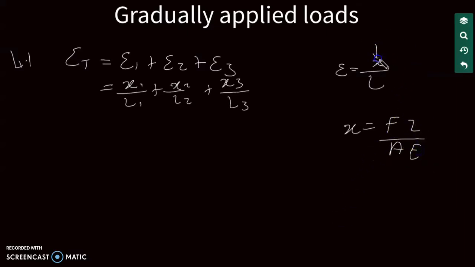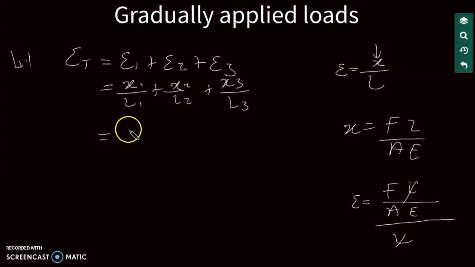That's exactly what we're going to do. We're going to substitute our x here, and then we're going to end up with something like this. Strain is equal to F L over A E, all divided by L. This and this is going to cancel out, and then we'll be left with something like this.